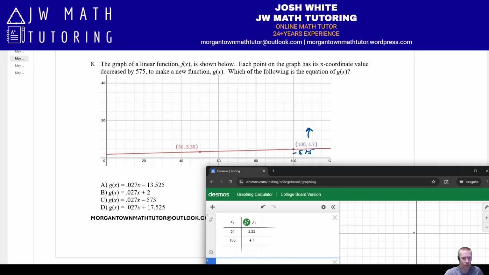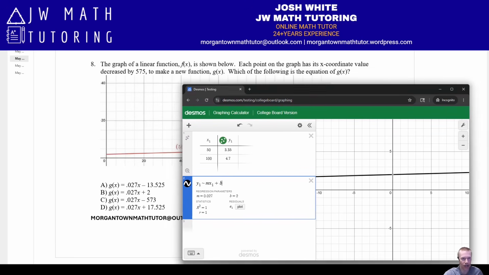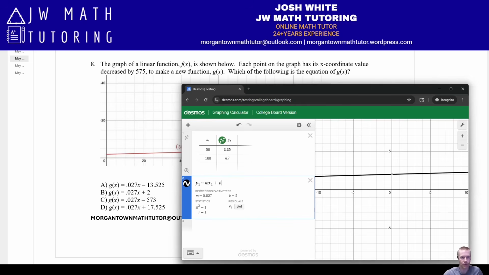So I'm going to type in both points, and I'm going to do linear regression. Okay, so notice here I get the slope 0.027, and I get a b-value of 2. These are the values for the given line, not the new line after everything is decreased by that.